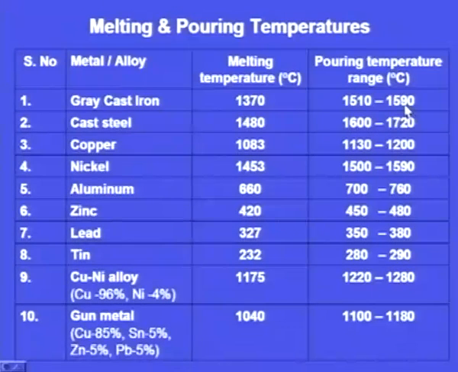There is a difference between melting temperature and pouring temperature. Melting temperature is the temperature at which the solid metal starts melting. But to pour the liquid metal into the mold, if we heat the metal only up to melting temperature, it is not enough.